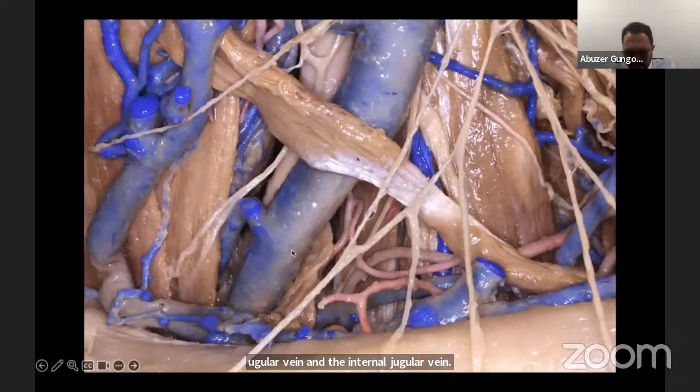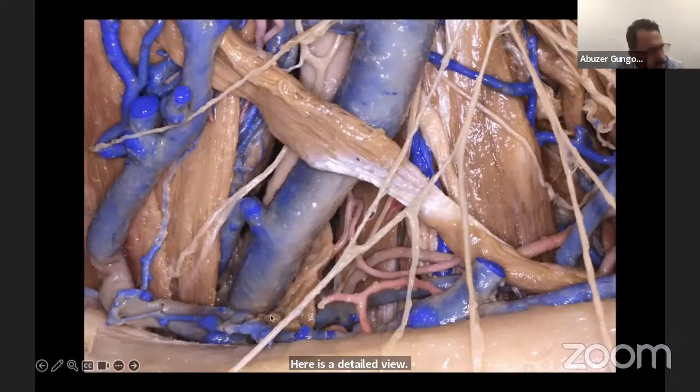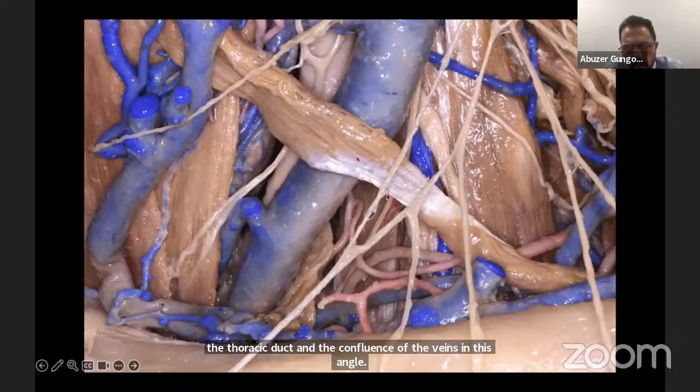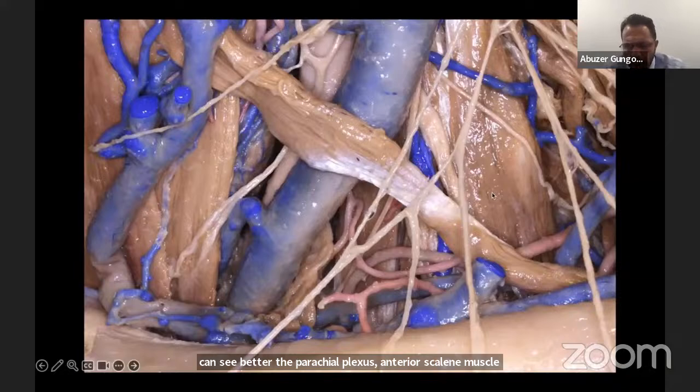Here is a detailed view of the thoracic duct and the confluence of the veins in this angle. We can see better the brachial plexus, the anterior scalene muscle, and the middle and posterior scalene muscles.